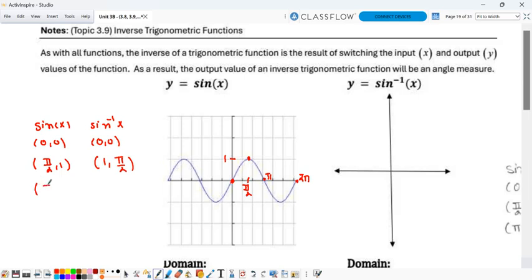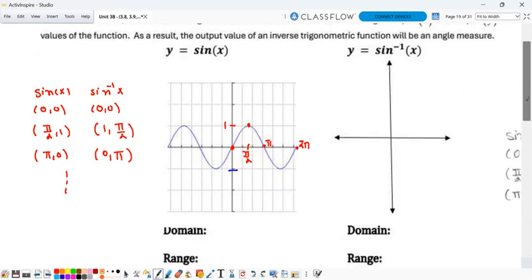Then you get the idea that at pi the value is 0, so it becomes 0 and pi, and onwards. We have some idea how this would look. So for all the points, x becomes y, y becomes x. The range of sine is always negative 1 to 1, so that becomes the domain, negative 1 to 1, which means my x values are between negative 1 and 1. The graph passes through (0, 0).